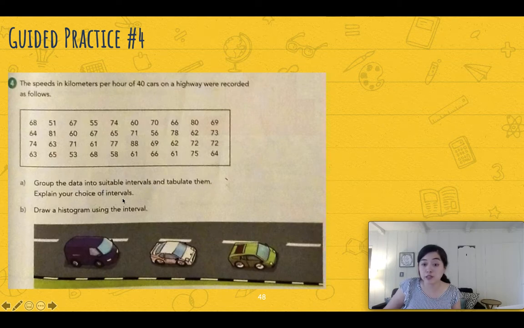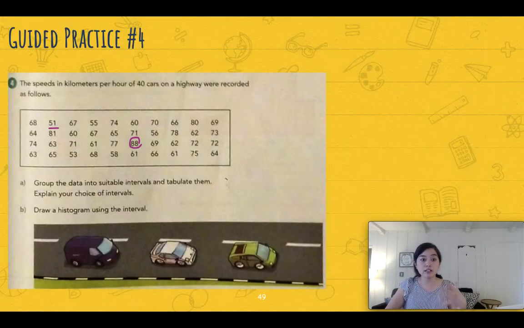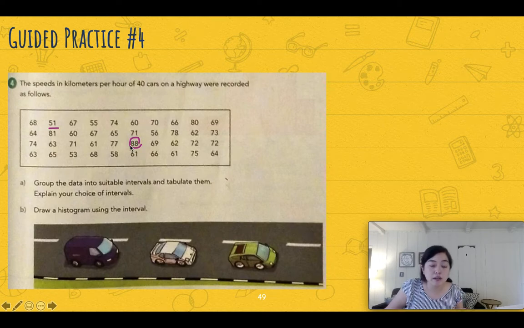And we're going to explain our choice of intervals, okay? And so first, to figure out where to start with the intervals, we should always find the range. To find the range, we take the greatest value and subtract the lowest value. So when I look at my data, I found 88 kilometers per hour was the greatest speed, and my lowest speed was 51 kilometers per hour, okay?